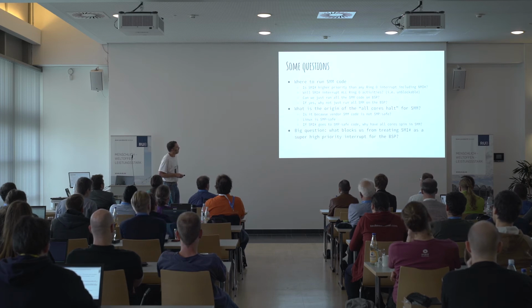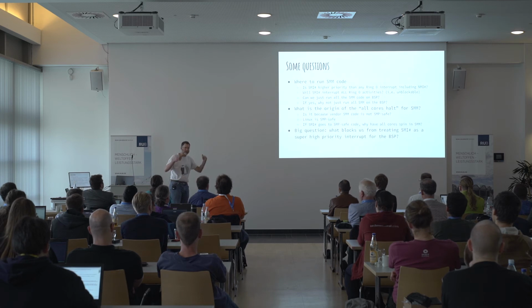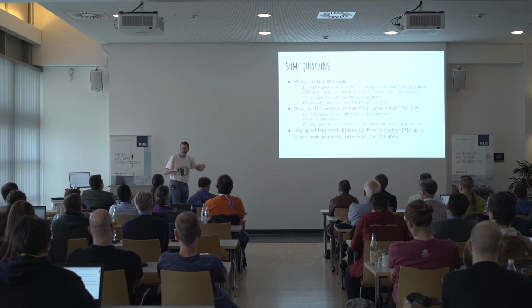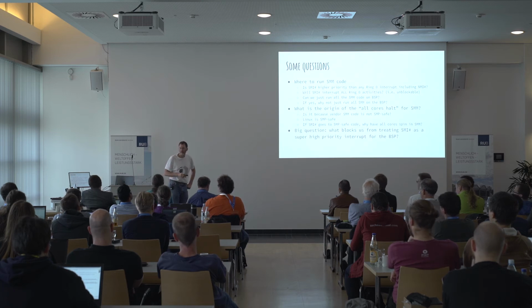What's the origin of all cores helping for SMM? Because pretty much when you take an SMM, I don't know how many people know this, if you've got a 256 core machine and you take an SMM, the design is that everybody stops while one of the cores handles it. What is the origin of that? Is that just bad programming? There's actually a software mechanism.